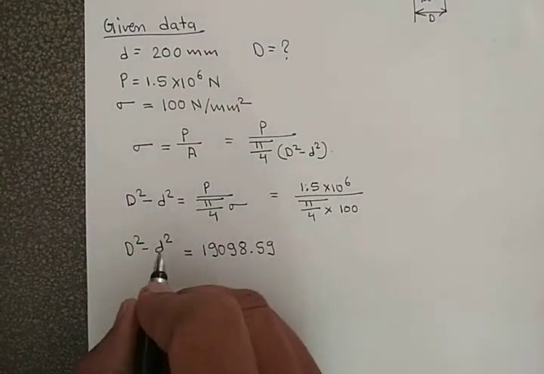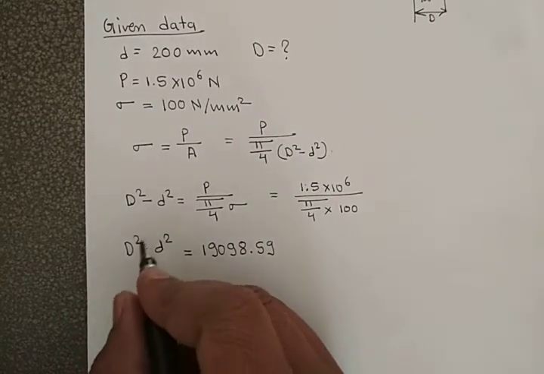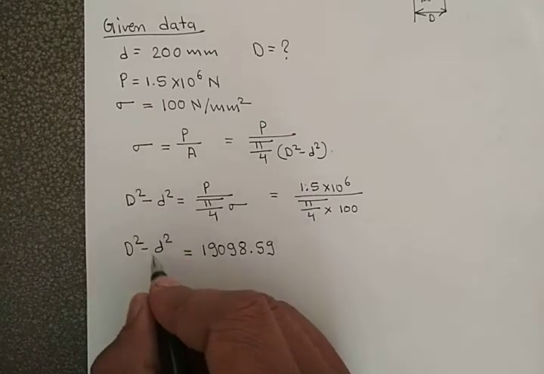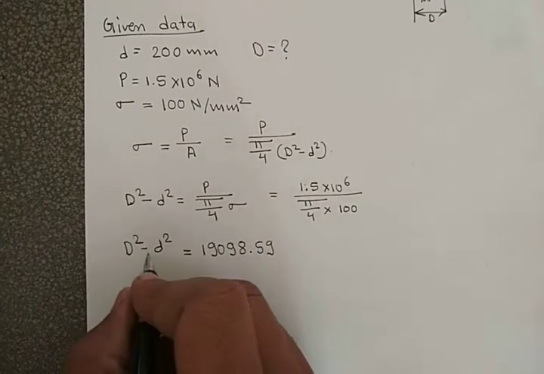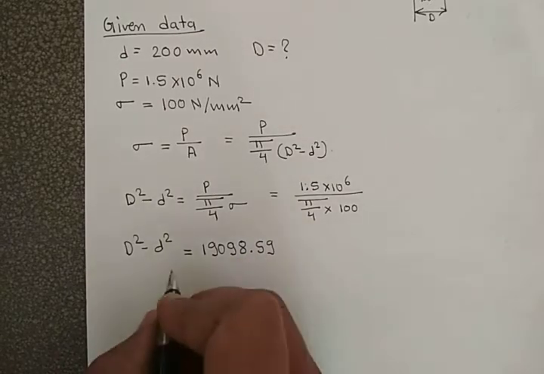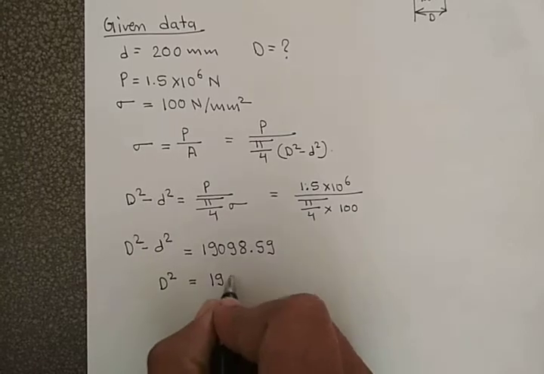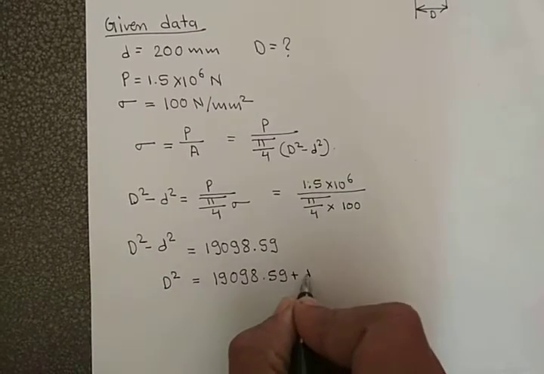Now we don't know the capital D, the external diameter. We know the small d, so we will transfer that term to this side. The sign at this side is minus, so when it shifts to the other side, it will become plus. So capital D square is equal to 19098.59 plus small d square.